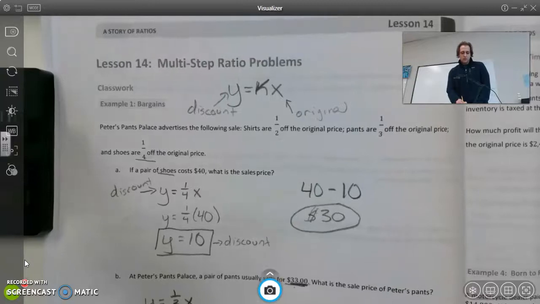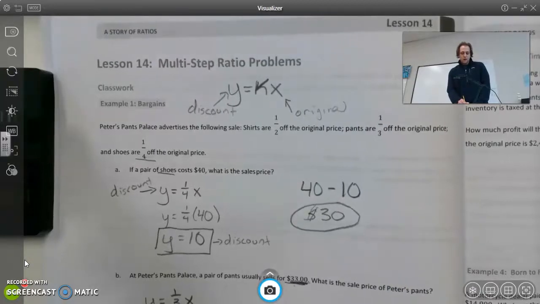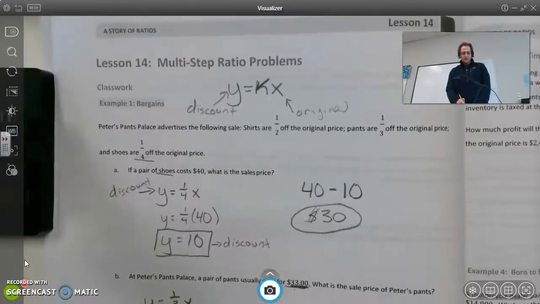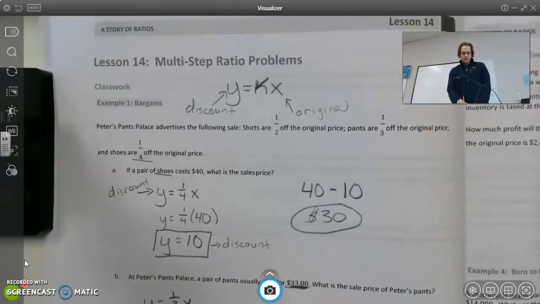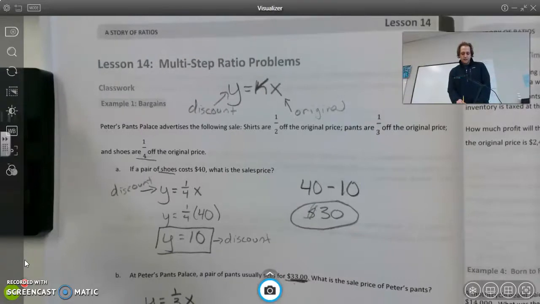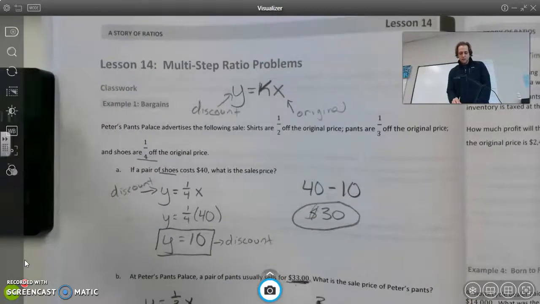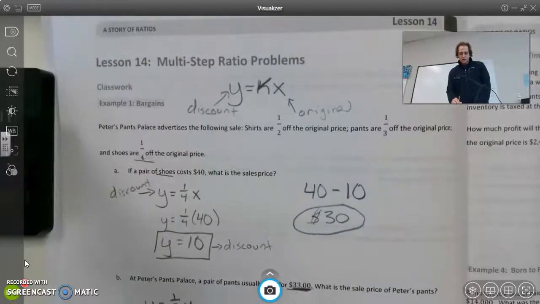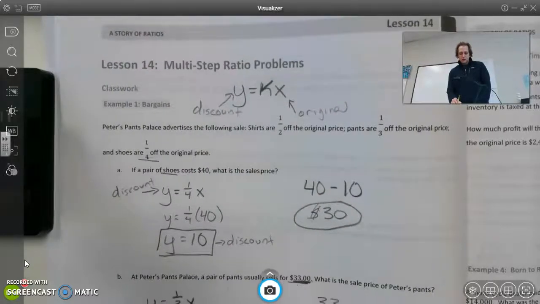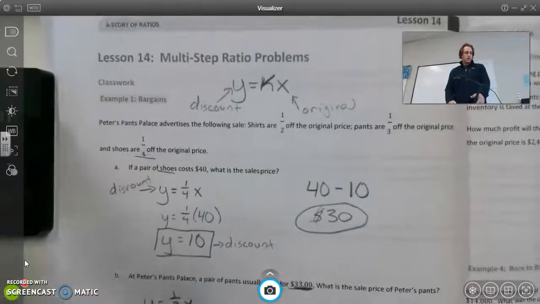Y is equal to 1/3 of 33. Y is equal to $11. Now, again, this is my discount. So I have to go back to my original price and say 33 minus 11 is $22, and that's your price for your pair of pants.